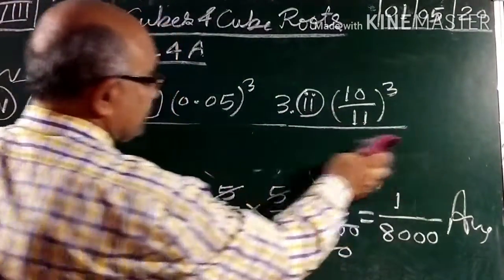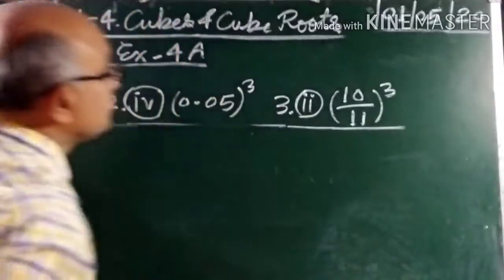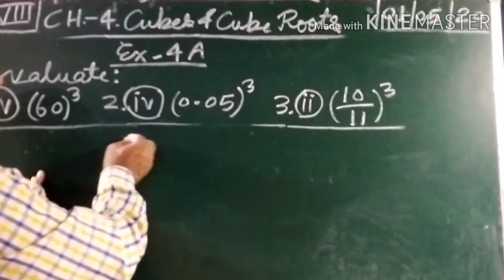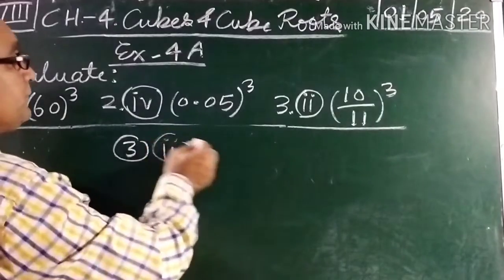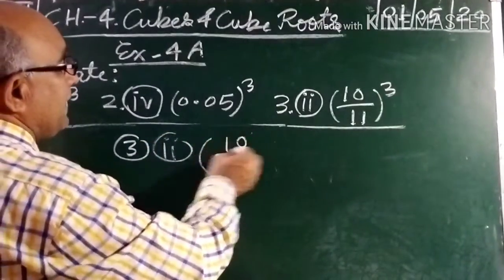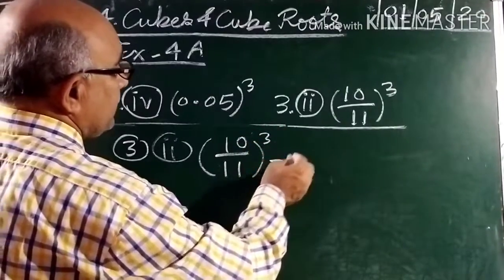Now one question again, write it. Question number 3 of 2. 10 by 11 to the power 3.